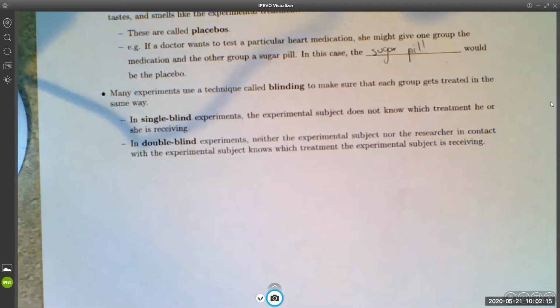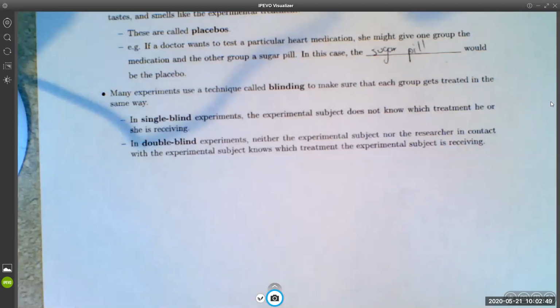In a double-blind experiment, you would have one researcher who knows what treatment everyone is receiving, but they give the medication to a second researcher, and that second researcher is the one who actually comes in contact with the patients. The second researcher doesn't know what treatment is being given out, right? But the first researcher does know. Somebody has to keep track of stuff.